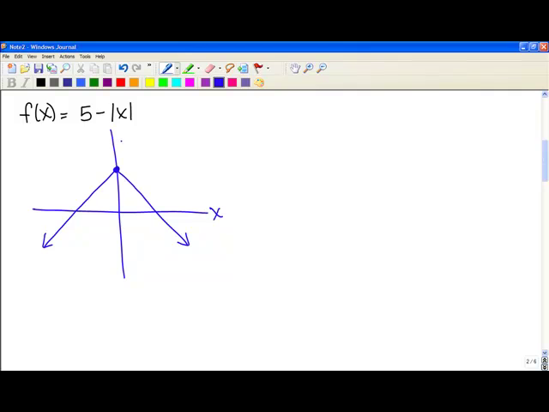So here's a quick sketch of the graph, and if you notice that the value is up here at 5. Alright, now we're not going to use any Y values though when writing increasing and decreasing, so I'm going to mark that one out. And actually come down here and notice that this point has an X value of 0 right here on the X axis.